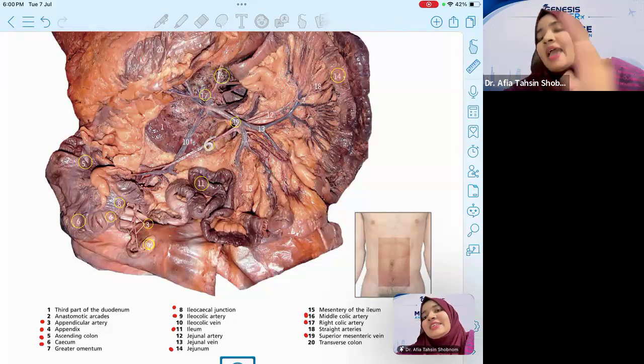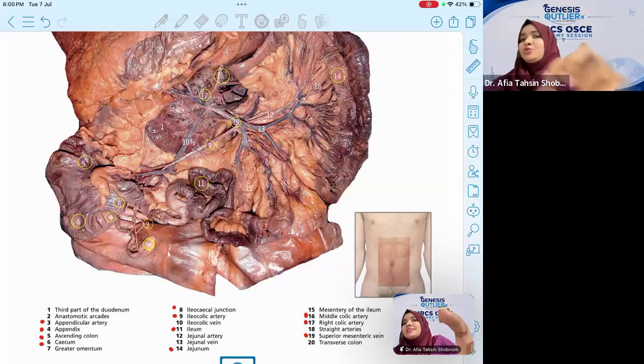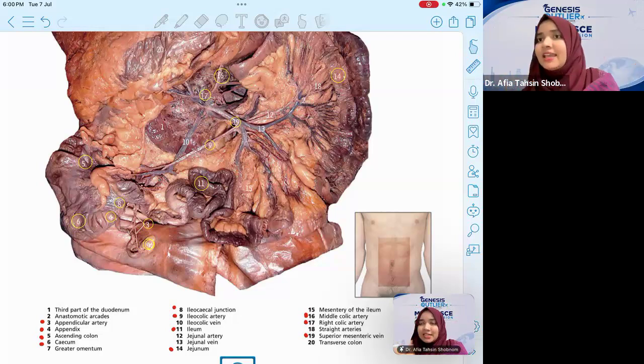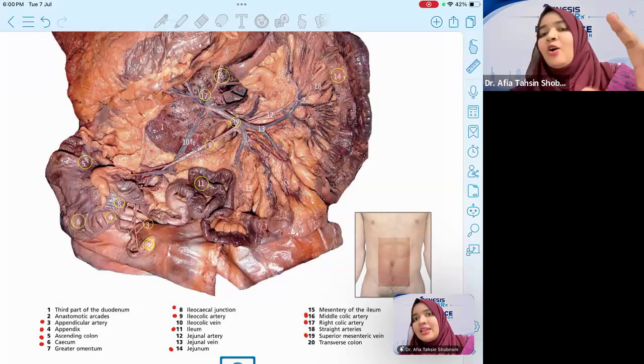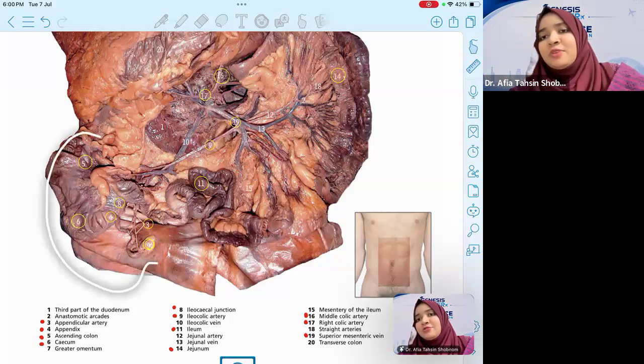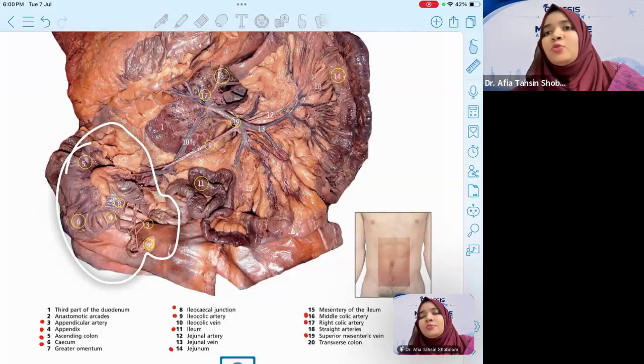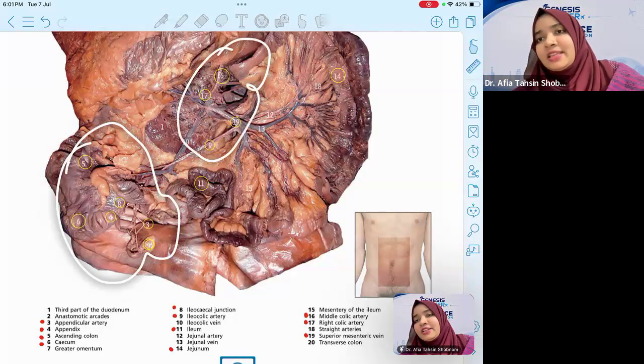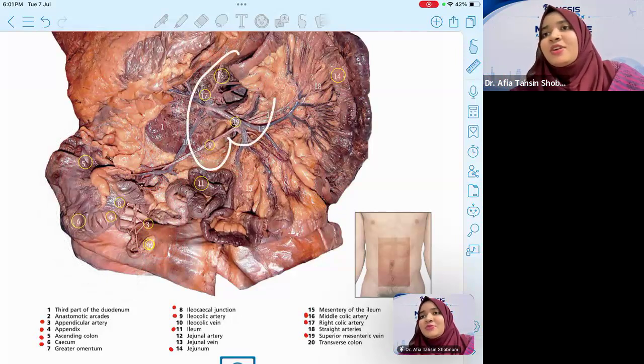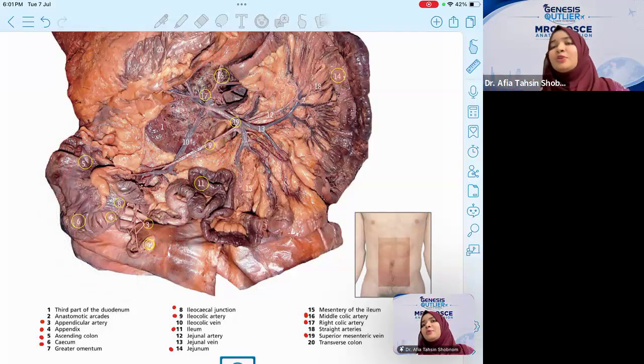These three things. From this image, two types of questions can be formed: the branches of the superior mesenteric artery, or the structures like the appendix, such as the appendicular artery, and where the cecum is. These two portions are important for your exam, so just focus on this.